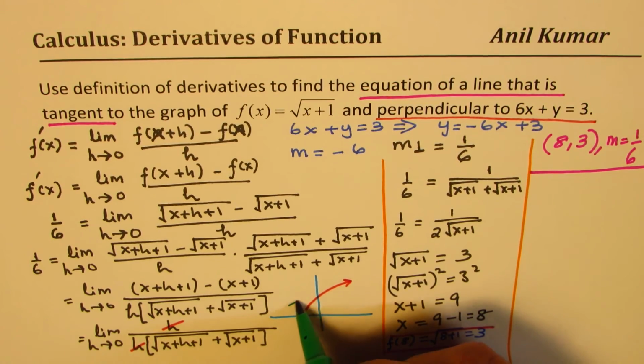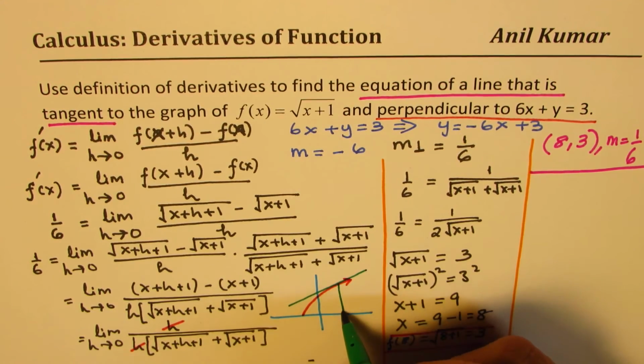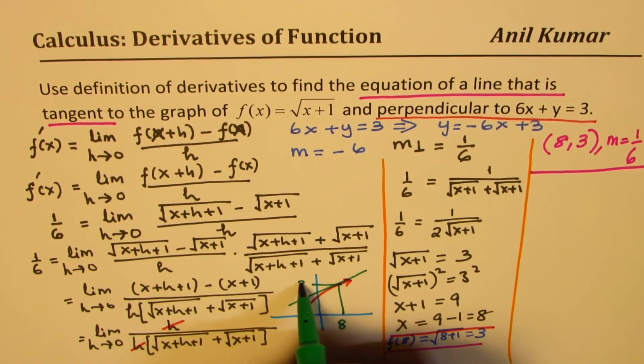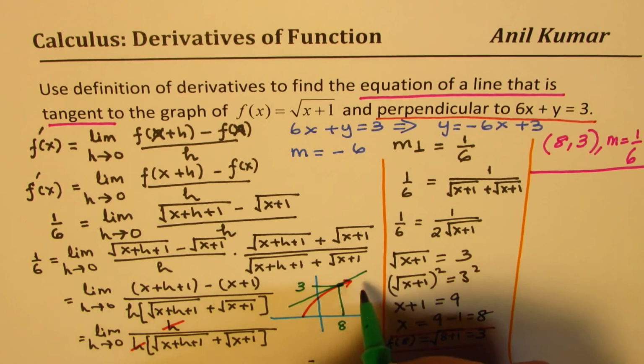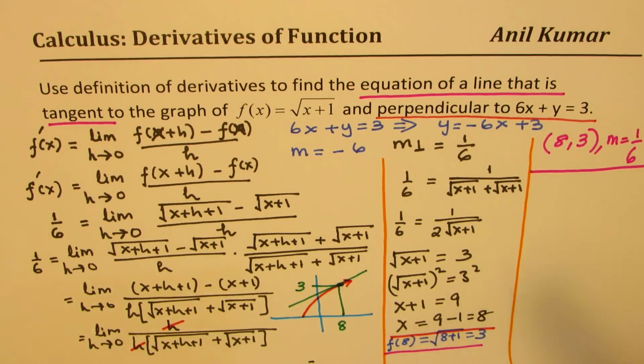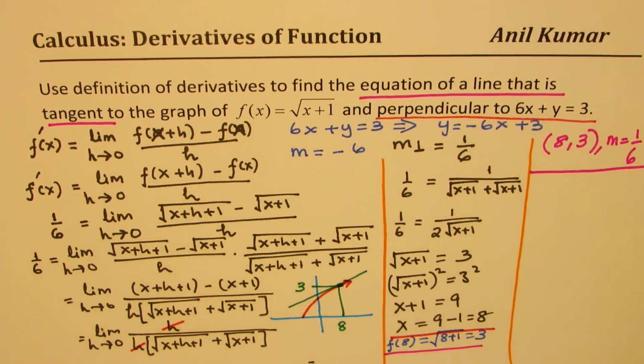So somewhere here, let's say this point is 8 and the y value here is 3, right? At this point slope is 1 over 6. Is that clear to you? And this slope is perpendicular to the given line, right?